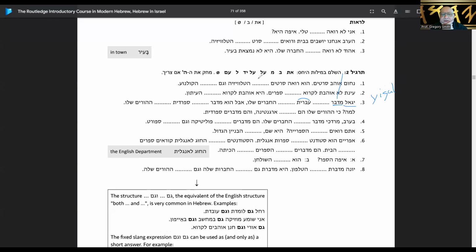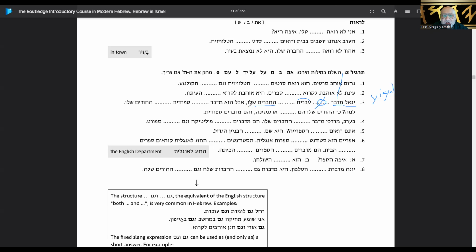He's speaking. And I think languages, that's not definite, so probably there's no definite article in there. He's speaking Hebrew. Okay. Yigal medaber ivrit. Yigal speaks Hebrew.